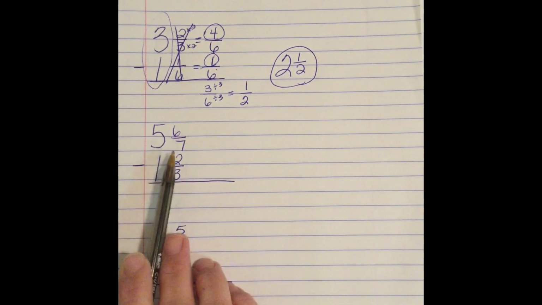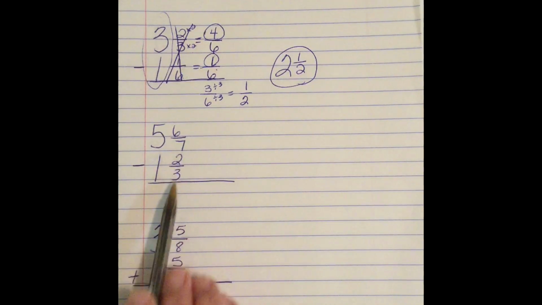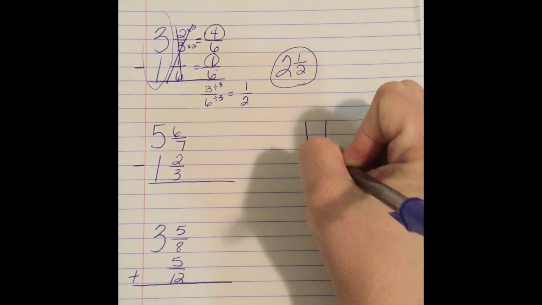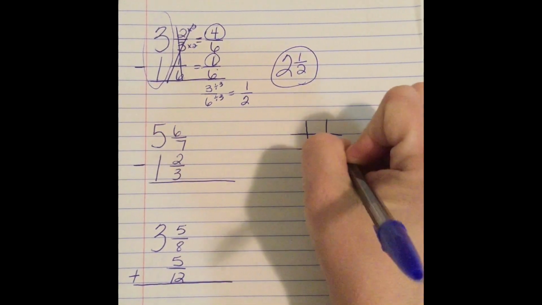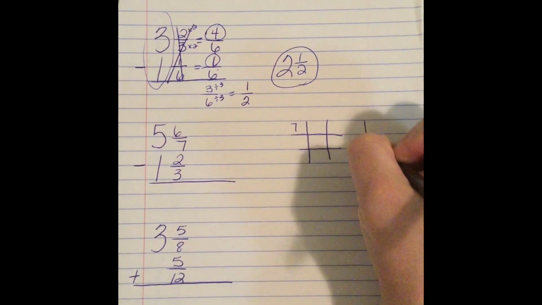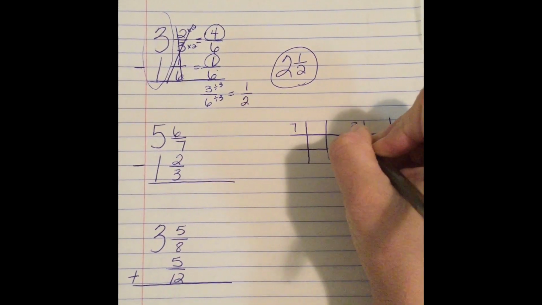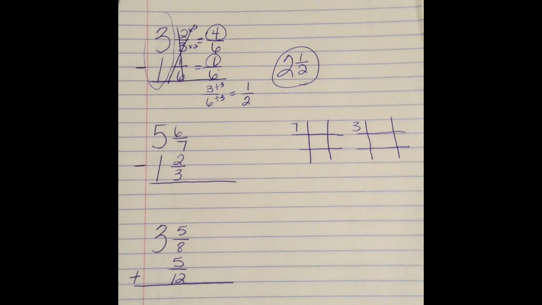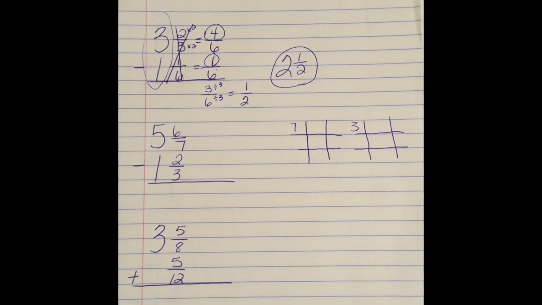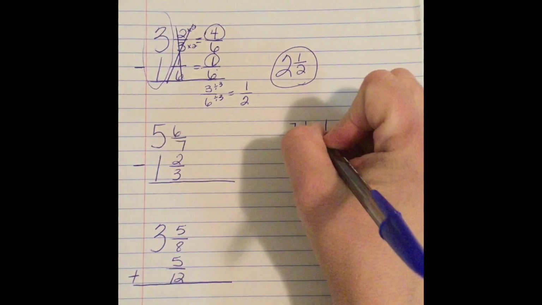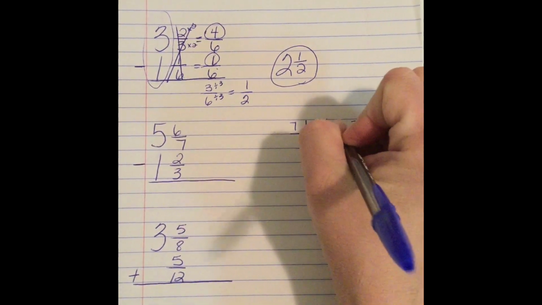What is the common denominator between 7 and 3? So fill out yourself a T-chart or tic-tac-toe board. 7, 14, 21.